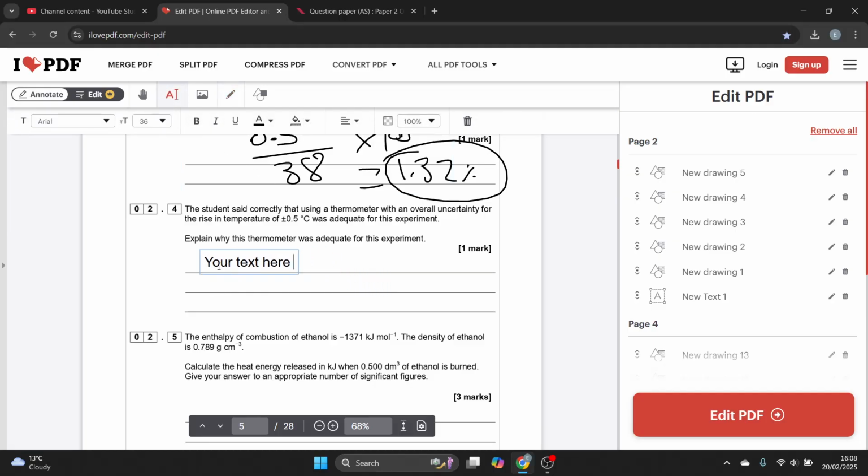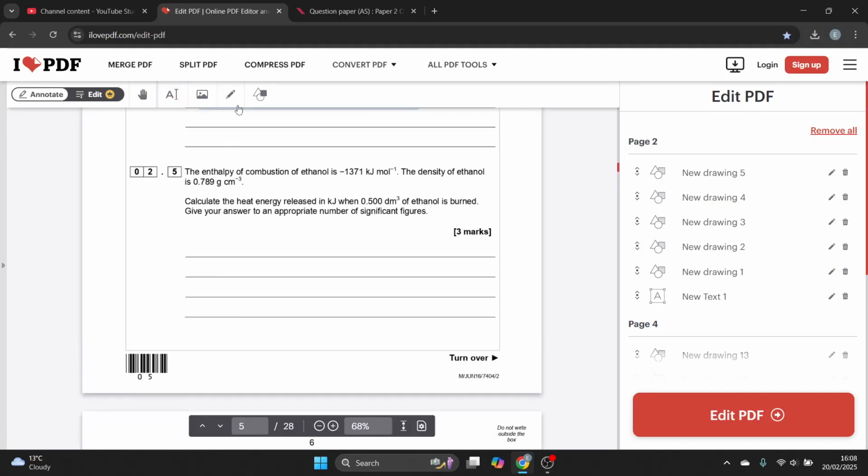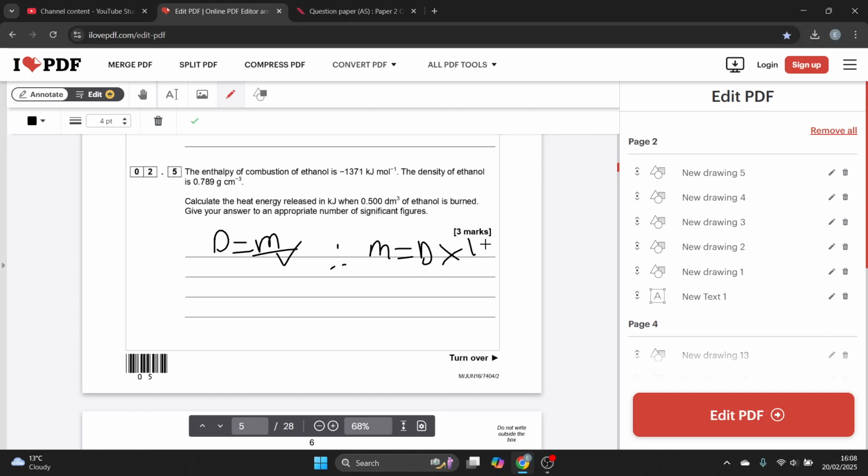Heat loss is the more significant issue. The enthalpy of combustion is that, density is that, calculate the heat energy released when this much ethanol is burned. So I'm going to use density equals mass over volume. Therefore mass equals density times volume, which is going to be 0.789 times 500, 0.5 dm cubed, so 500 centimetres cubed.